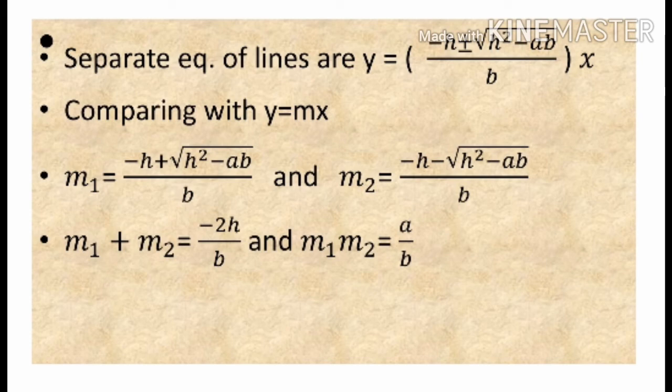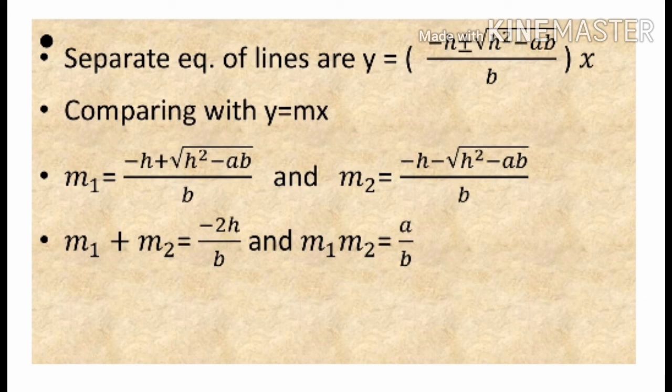By adding these two terms we get m1 + m2 = −2h/b, and by taking product m1 × m2, the terms are of the type (a + b) and (a − b). So expanding them we get m1 × m2 = (−h² + ab)... divided by b², and simplifying it is equal to a/b. So m1 × m2 = a/b.